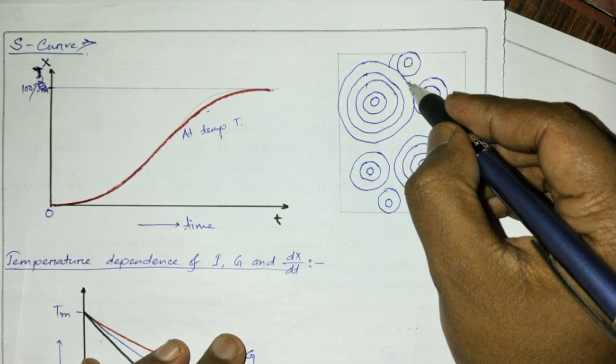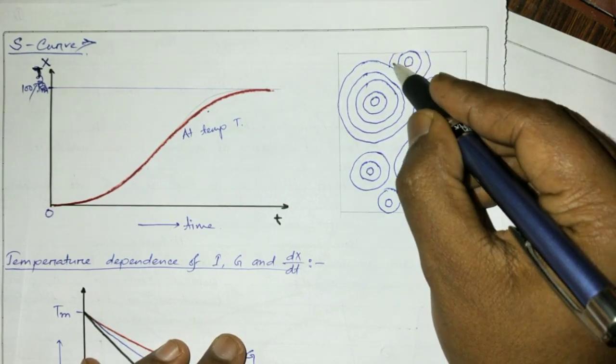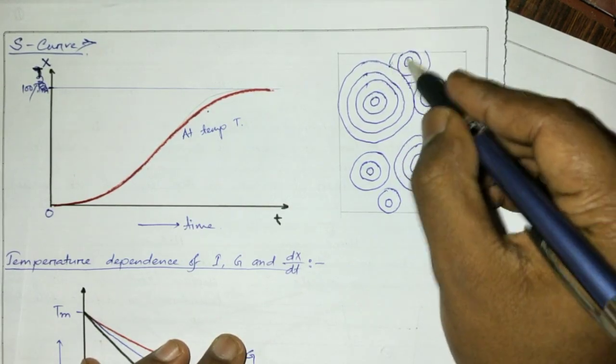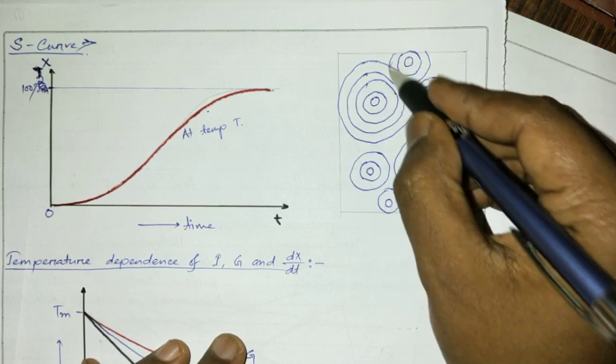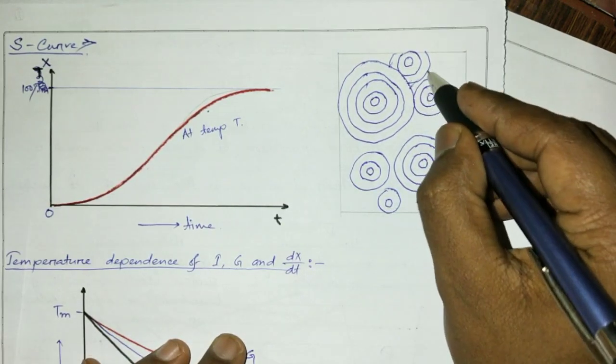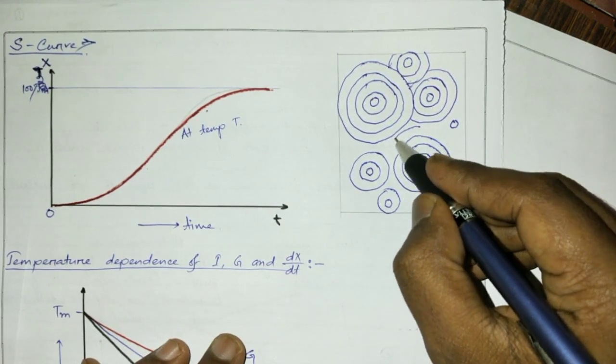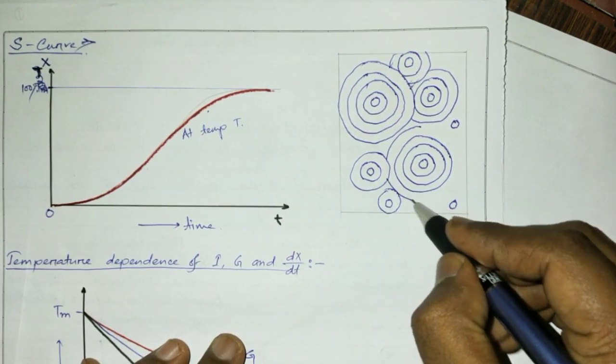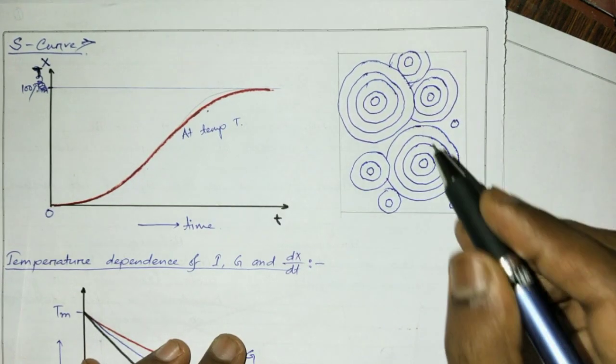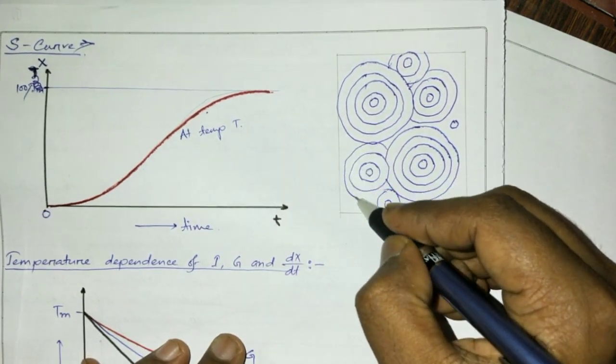Now see, at this time you will see that the boundaries of two nuclei which have grown are intersecting each other or are in contact with each other. As a result, they cannot grow on that side.